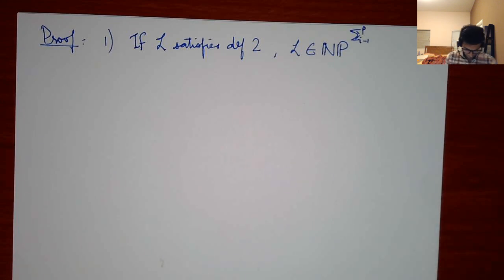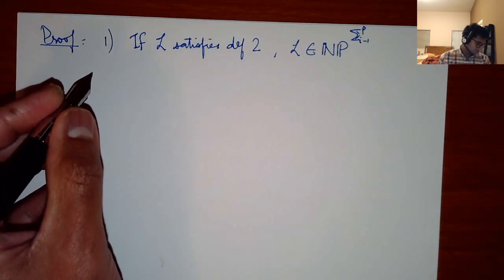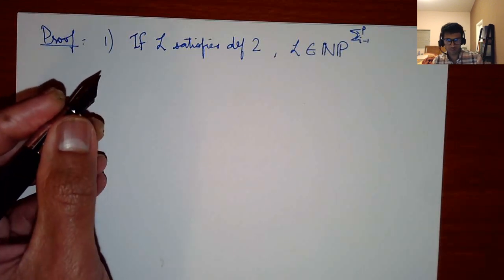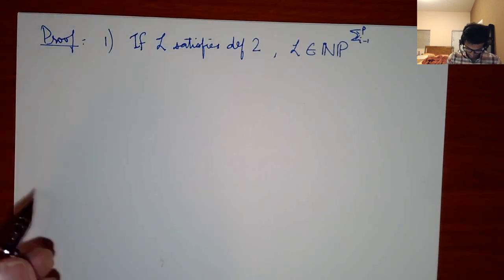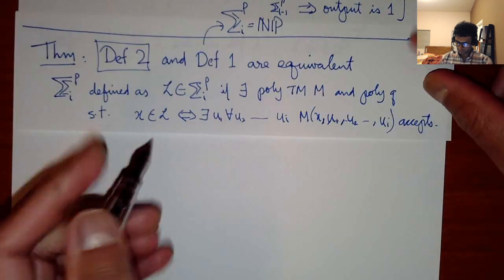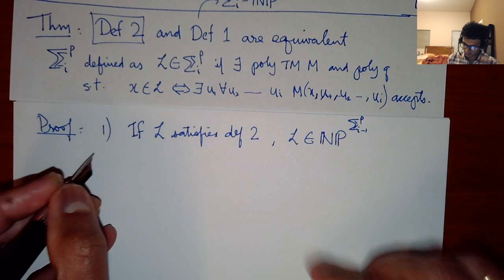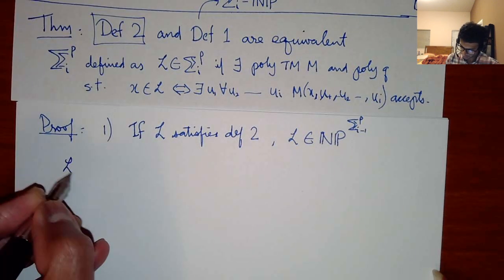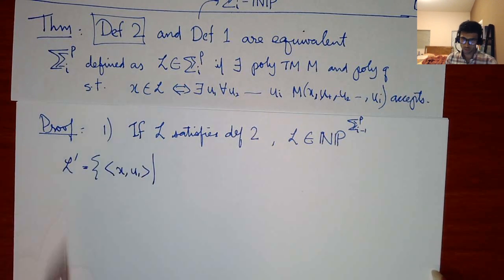Okay. The way to think about it is, let's go back to this definition, and we define L prime to be the language of (x, u1), right?